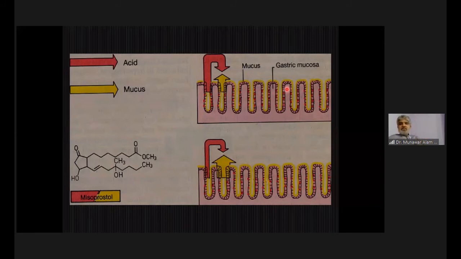And this mucus is formed by prostaglandins. The side effects are again due to the normal physiological function of the prostaglandins. So when you disturb that normal physiological function, it leads to undesired adverse effects. So what happens when you inhibit the synthesis of the prostaglandins?